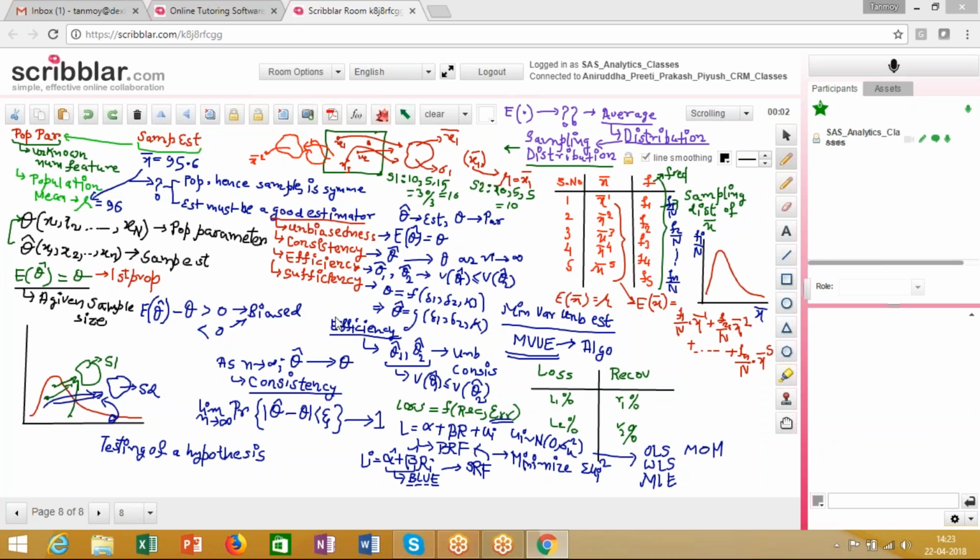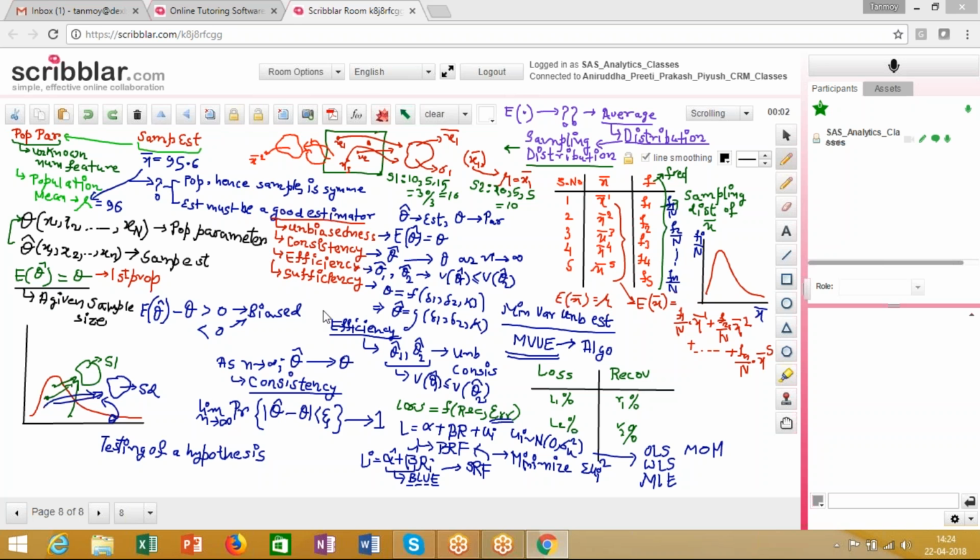And finally, what we saw was the element of sufficiency, where an estimator is a sufficient estimator if it captures all information about the population parameter, right? In the sense that it captures all the different characteristics that a population parameter has in terms of its mean and variance.